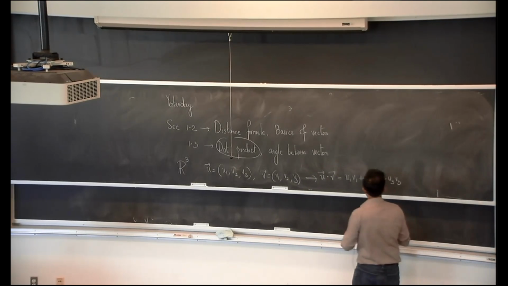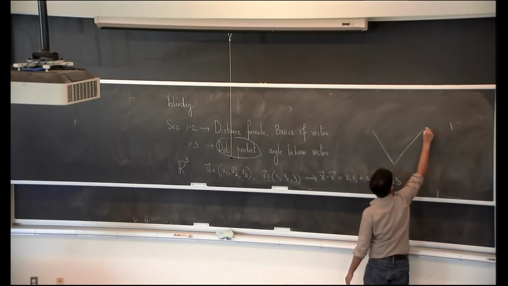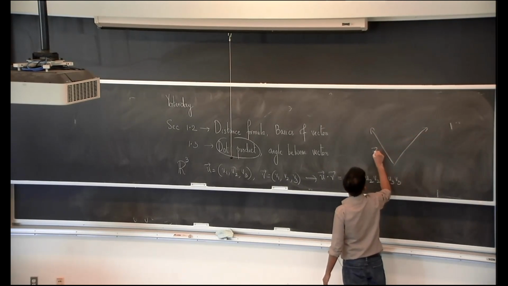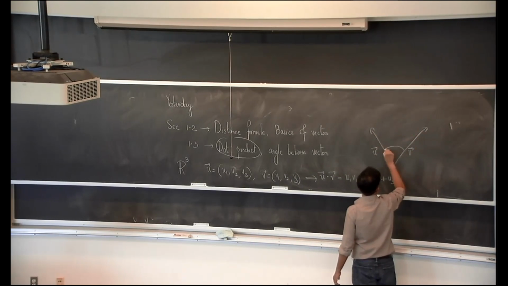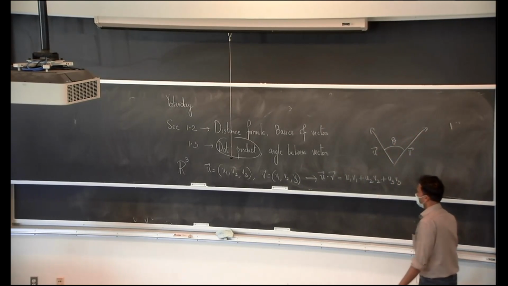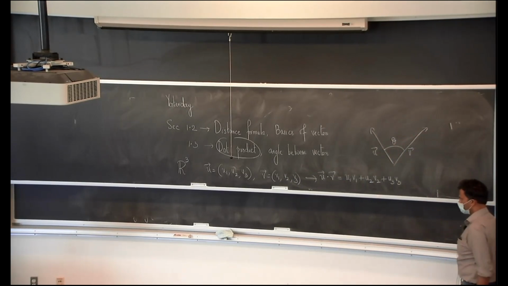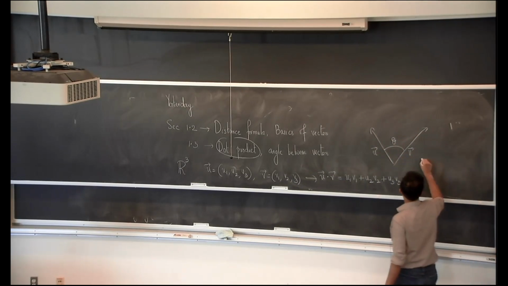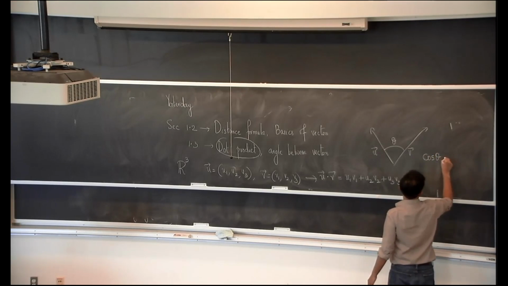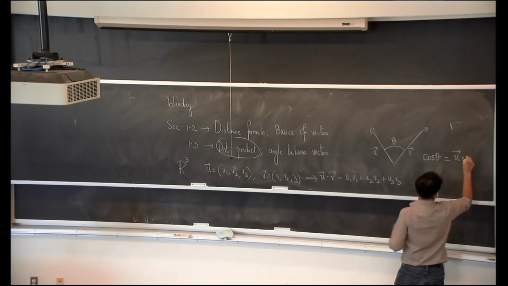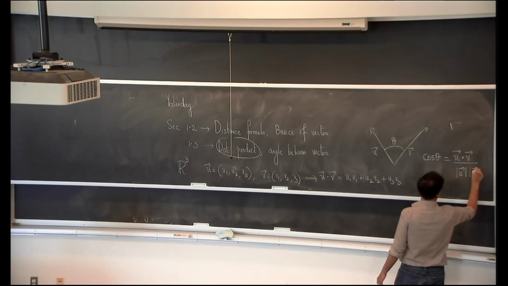If you have these two vectors, u and v, with an angle theta between them, we can use the dot product to find the angle between them. Cosine theta is the dot product divided by the magnitude of u times the magnitude of v.